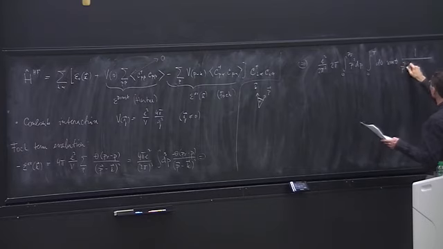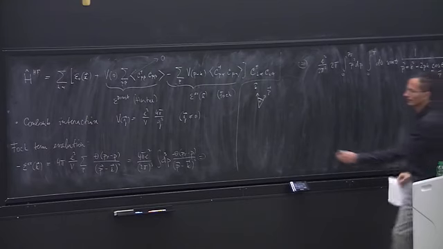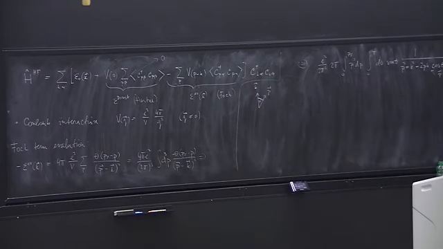It's p squared plus k squared minus 2pk times cosine of that angle. This thing is basically p dot k that I get when I square the two, right?